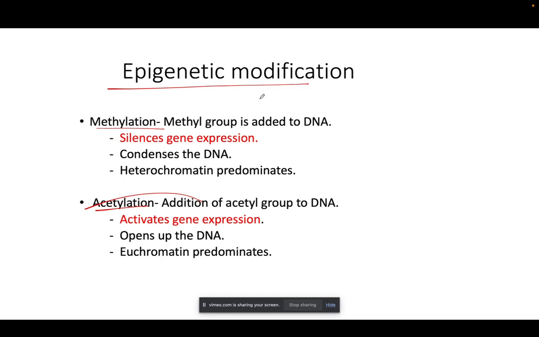So the transcriptional enzyme can easily access it, make mRNA, and make protein, so it increases the gene expression. Okay, and again, if you think about it, it predominates the euchromatin structure, because euchromatin structures are nothing but the loose form of DNA. It's just the open version of DNA, so this enzyme can easily access it and make mRNA, so gene transcription can increase.